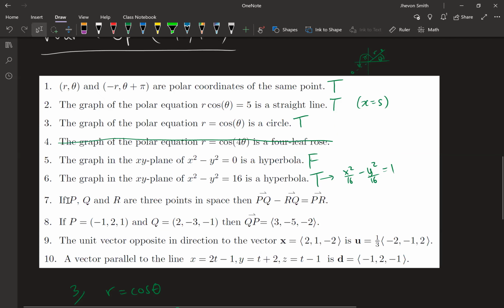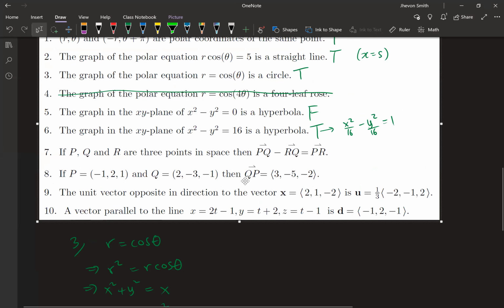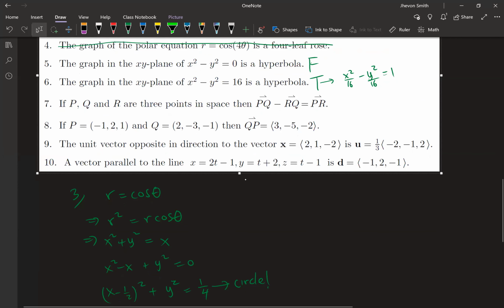Okay, P, Q, and R are 3 points in space. Then PQ minus RQ is equal to PR. Right, so you have 3 points.